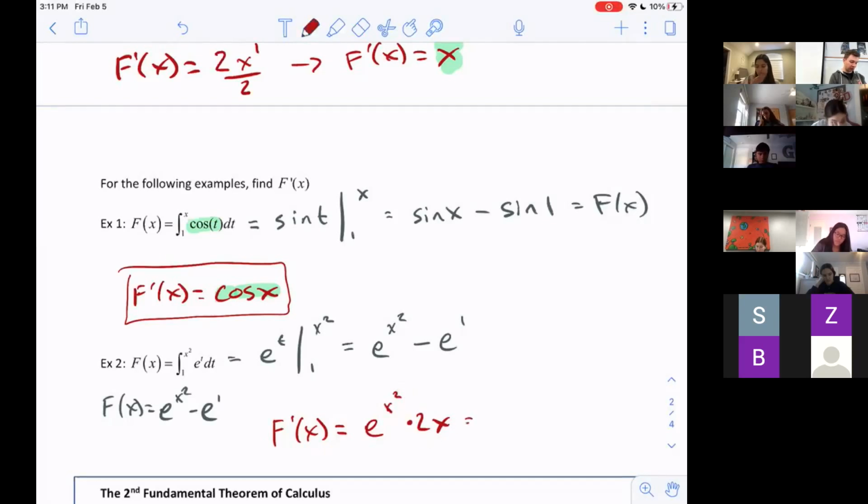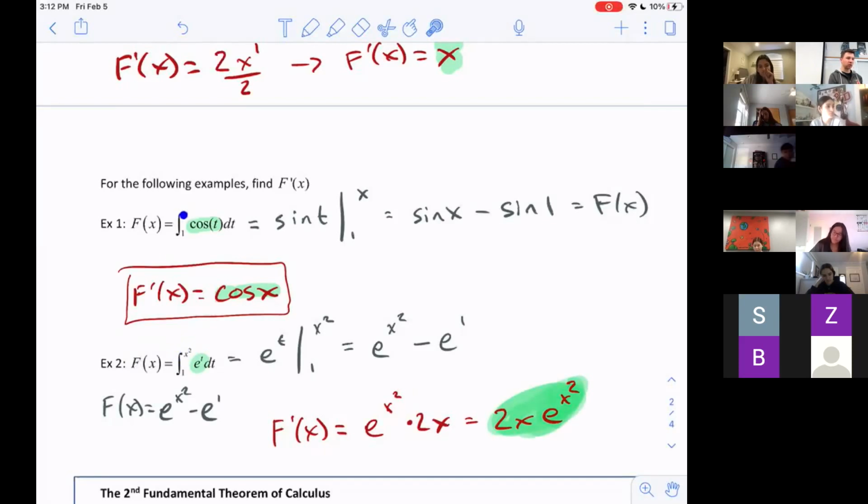So this time it's not quite matching perfectly: 2x e to the x squared. Here's my original. What's happening is that when I take this derivative now, that upper bound isn't just x.